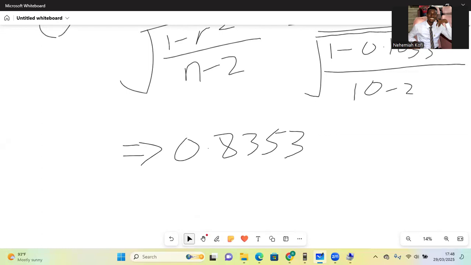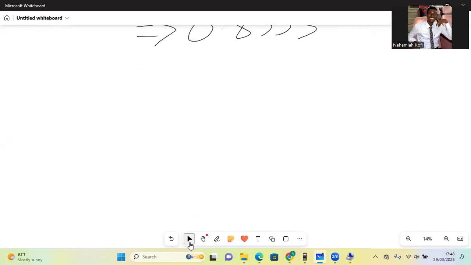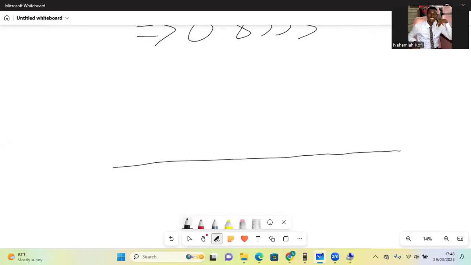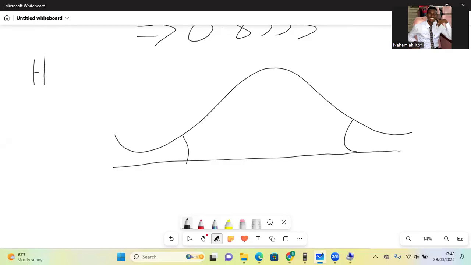So now we move on to drawing our bell shape again. And this is going to be a two-tail test. Normally the H0, sorry, will be such that I think it's R. I'll revert on it.